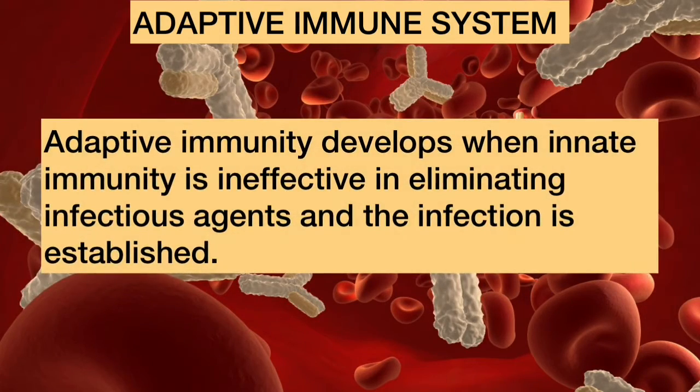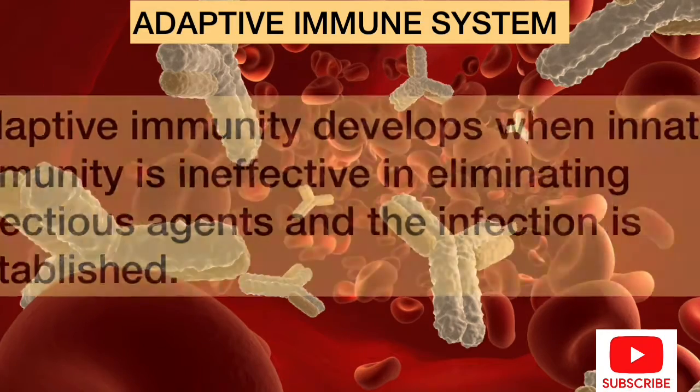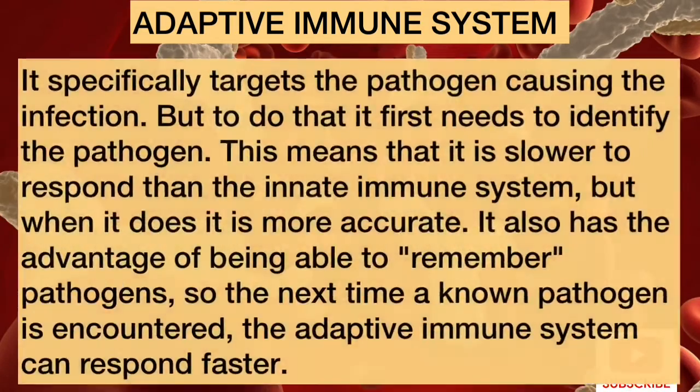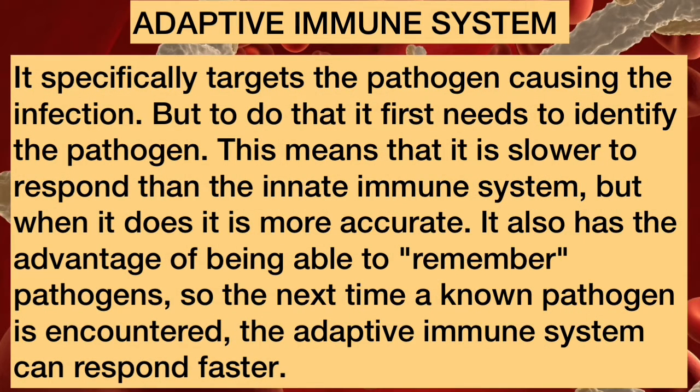Adaptive immunity develops when innate immunity is ineffective in eliminating infectious agents and the infection is established. The adaptive immune system specifically targets the pathogen causing the infection.